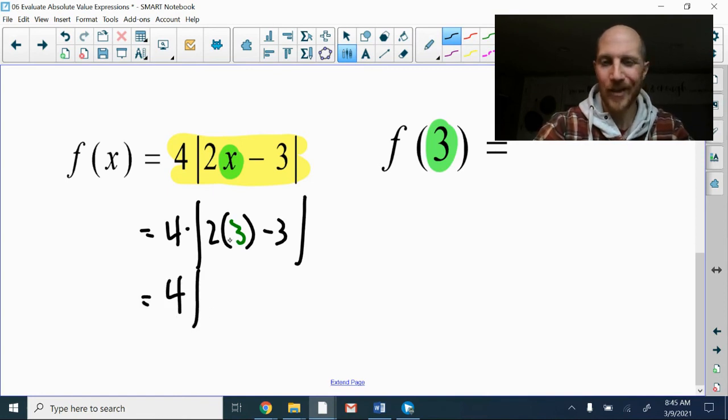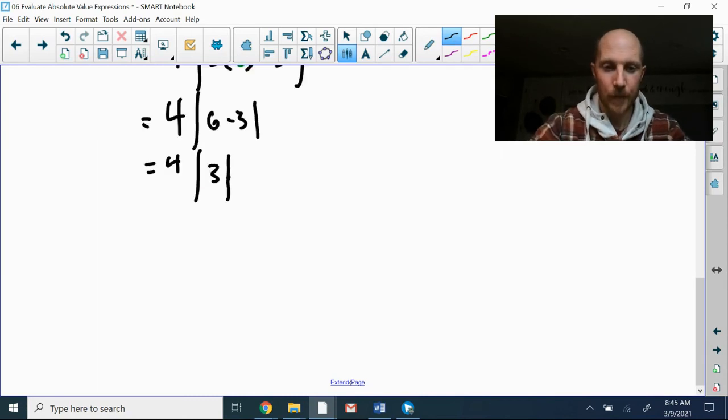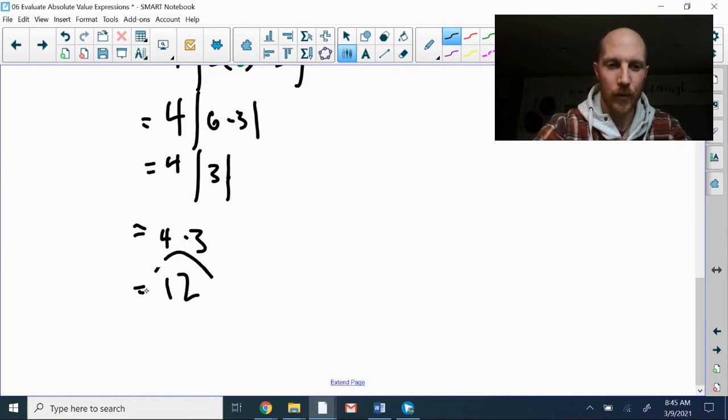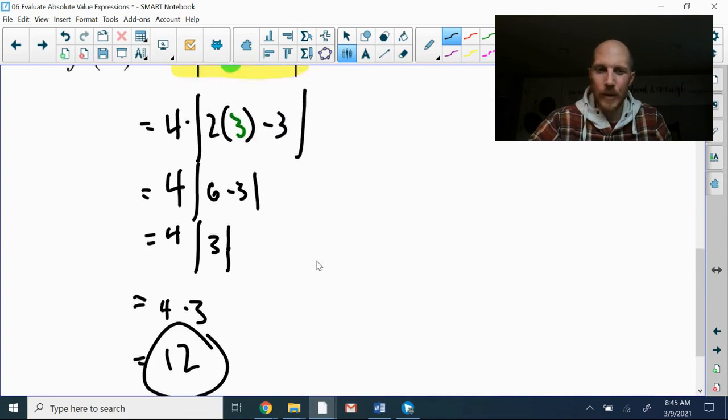Okay, so multiplying inside here first, 2 times 3, that's 6. 6 minus 3 is 3. The absolute value of 3 is still 3. 3 is 3 spaces away from 0 on the number line, so we can just multiply 4 times 3, which is 12.